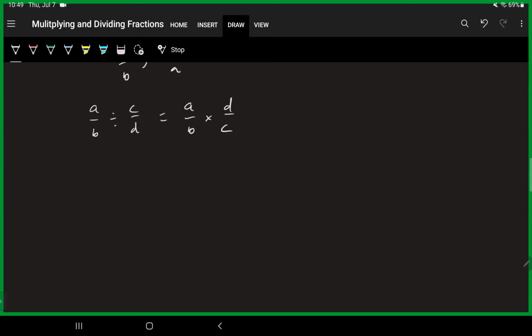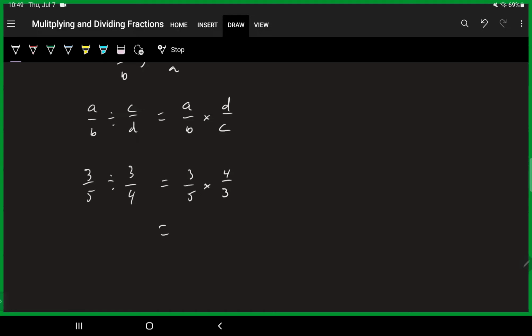So real quick example, if I have 3/5 divided by 3/4, I'm going to use my rule, 3/5 times 4/3. I'm going to flip that second fraction. I can simplify that. These threes cancel out because 3 divided by 3 is 1. And I'm going to get 4/5 as my answer.